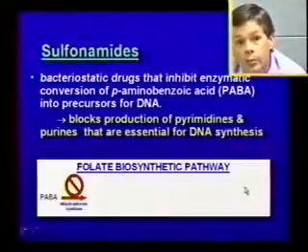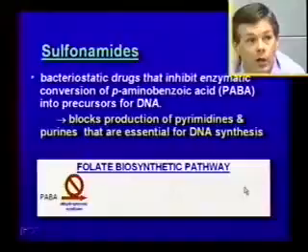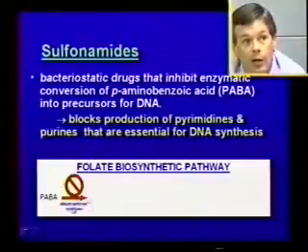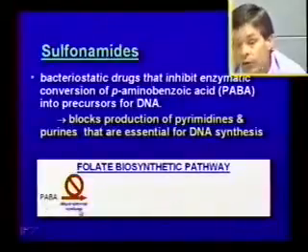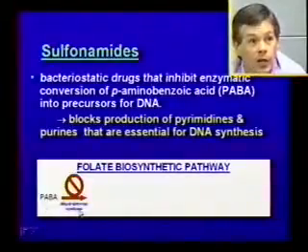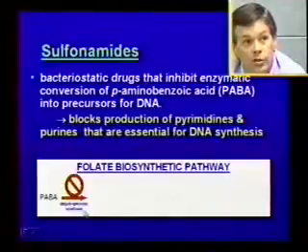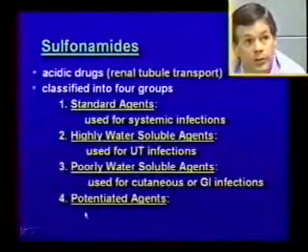Now, sometimes organisms are able to circumvent this pathway by developing different forms of this enzyme that the sulfonamides are not effective against, and that can lead to resistance to this group of drugs.